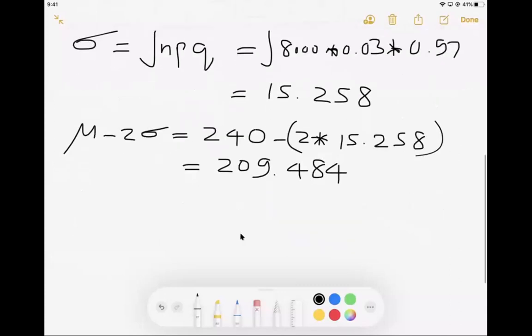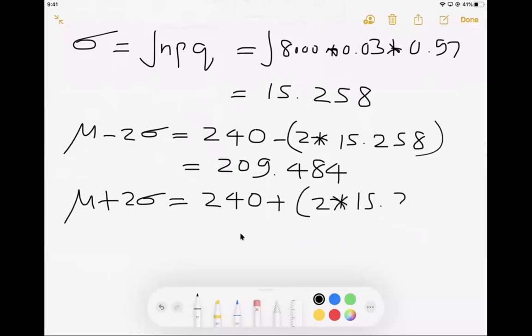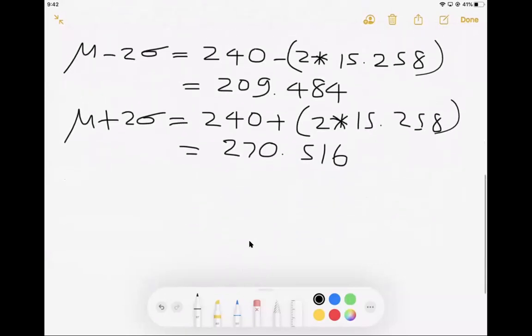Then how can we find the maximum usual value? It's mu plus 2 times 15.258. So what is the answer? 270.516. Now we have our two boundaries. If any value is in between these two values, we can say those values are usual, otherwise those values are unusual.